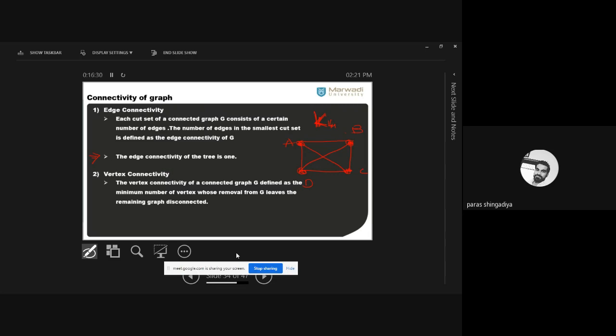When we delete 3 vertices, the graph should contain 2 partitions, meaning the graph should be in a disconnected form. But there is only one partition; we cannot find a second partition.